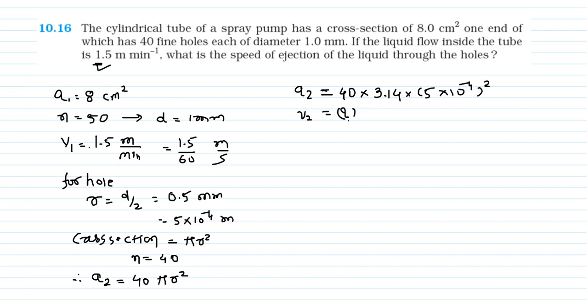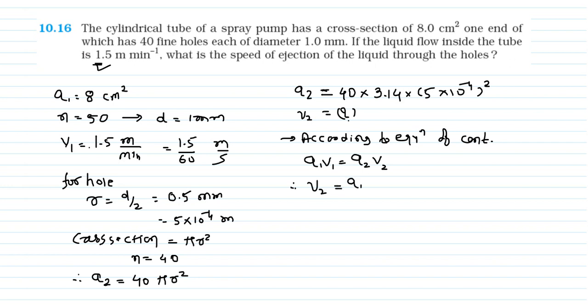V2. Okay, so here the relation between A and V is the equation of continuity. That means according to the equation of continuity, A1 V1 equals A2 V2. Therefore V2 is equal to A1 V1 upon A2.